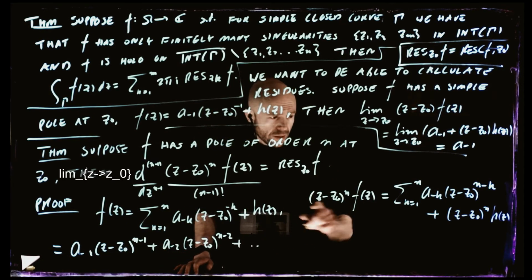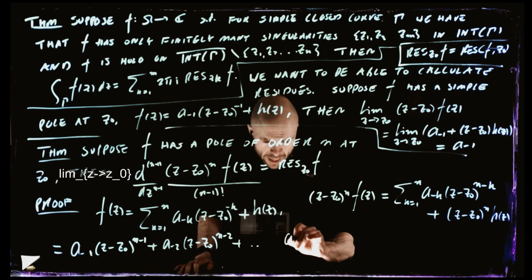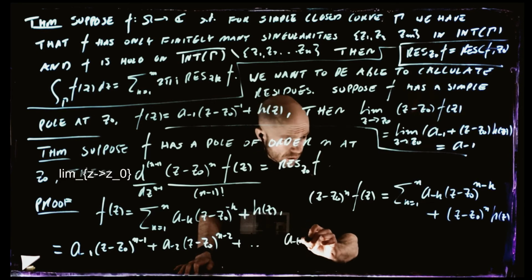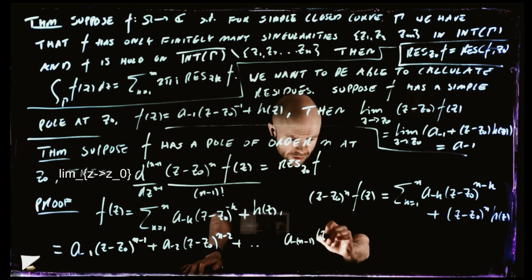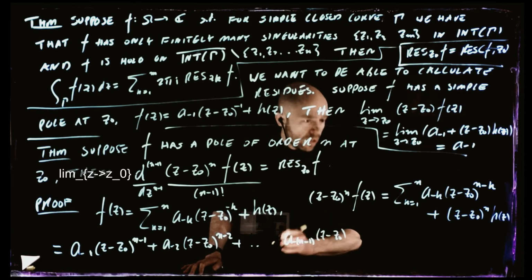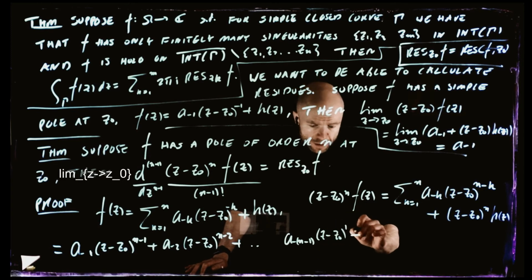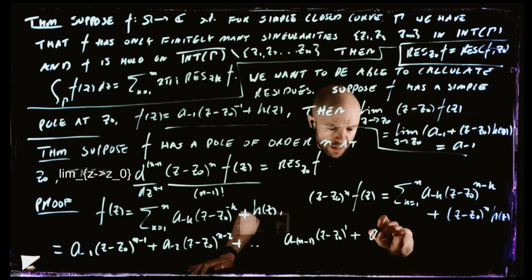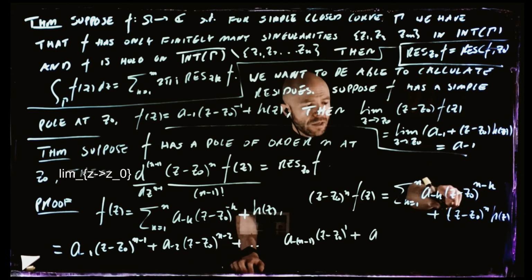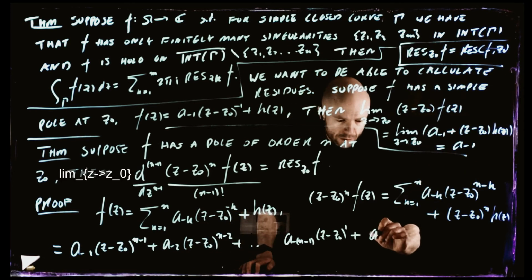When we have k equal to n minus 1, we have a_{-(n-1)}(z - z0)^1, so this is just to the power 1, and then the final thing is a_{-n}(z - z0)^{n-n}, and that's just going to be to the power 0, so that's just 1.